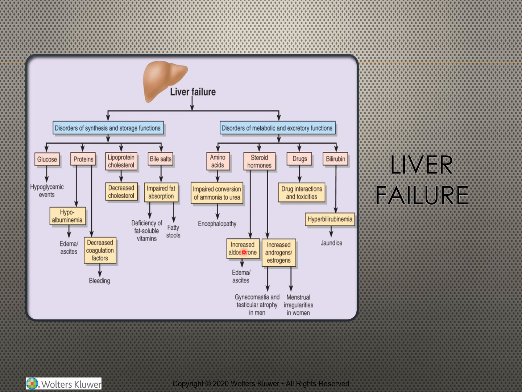So that leads to things like an increase in overall aldosterone levels. That leads to edema and ascites, and an increase in androgens and estrogens in the system, which leads to gynecomastia and testicular atrophy in men, and menstrual irregularities in women. We also are not breaking down drugs as we normally do, so drug interactions and toxicities increase, and we can't metabolize and excrete bilirubin, and that leads to hyperbilirubinemia and jaundice.